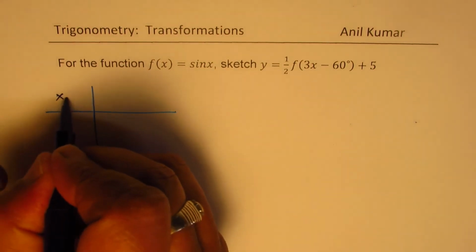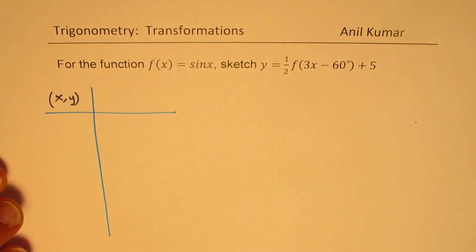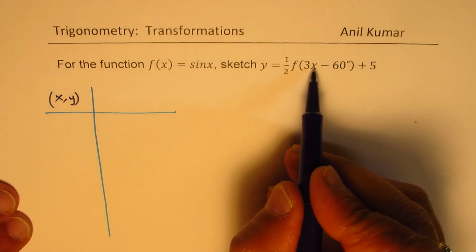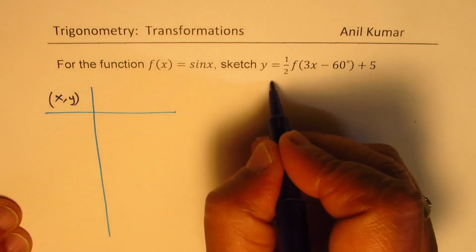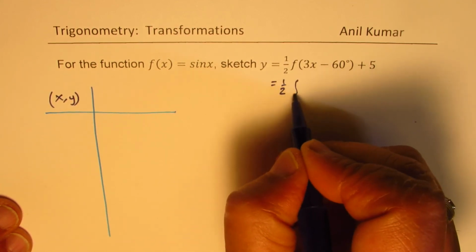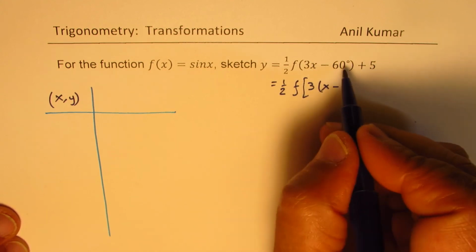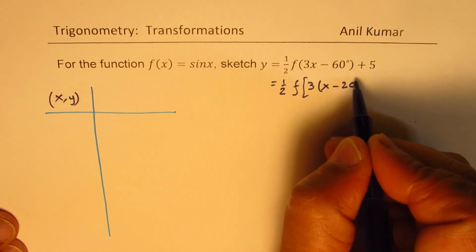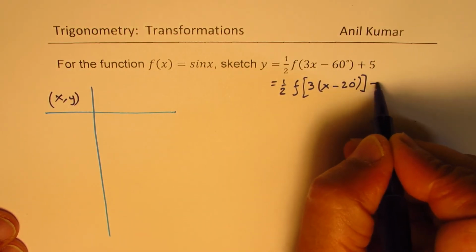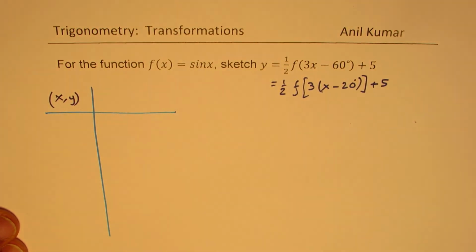So we have x and y values here which will get transformed. As far as the x value is concerned, you have to factor out 3, correct? And once you do that, you get this divided by 3 is 20 degrees, right? Now you'll be in a position to correctly write down, correct?